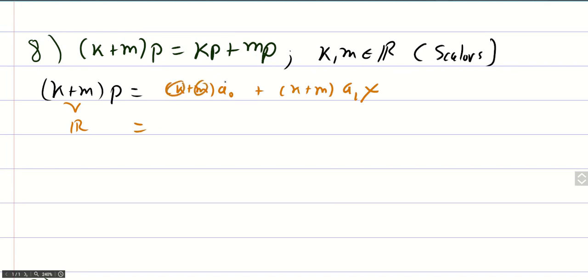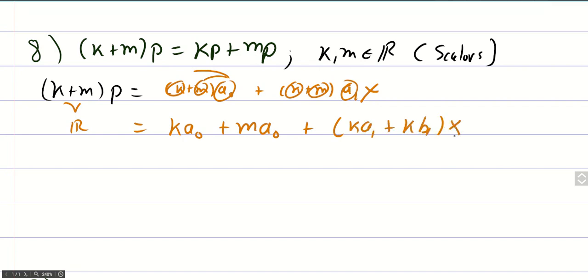All these expressions are real numbers, k, m, and a0, a1 are real numbers, so we can distribute along the parentheses. So we end with k a0 plus m a0 plus k a1 plus m a1x. Sorry, here it is not b, here it is m.